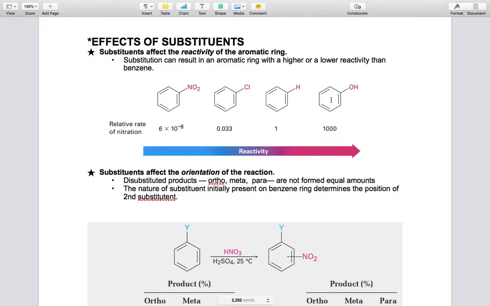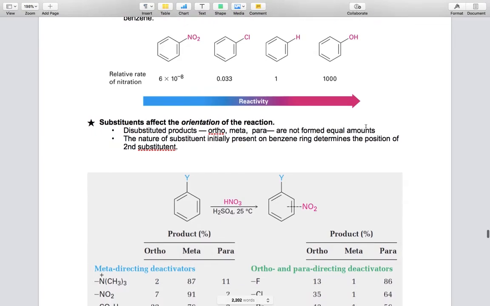You can see phenol has higher reactivity than benzene, while chlorobenzene and nitrobenzene have lower reactivity than your benzene ring. Okay? So that's it. Substituents affect the reactivity of the aromatic ring.